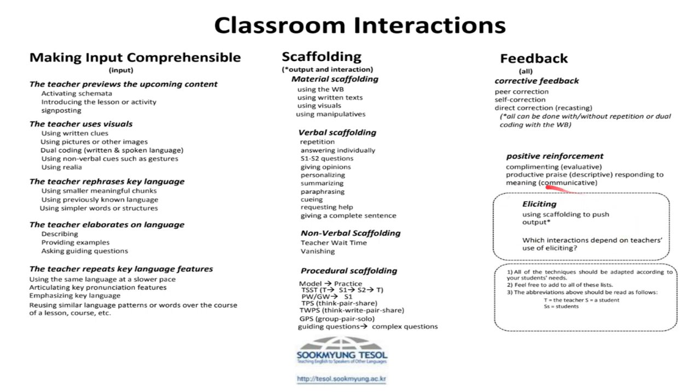Additionally, we have this meta category, or even a larger umbrella category, of eliciting, which covers many of the techniques in the scaffolding categories, and it's fundamental for communicative language teaching, so we include it here.